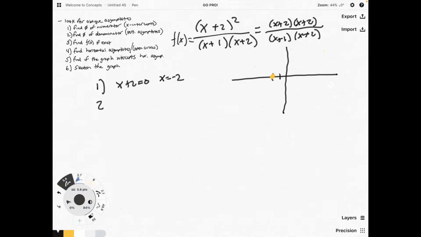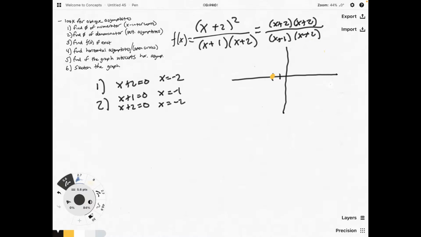For step 2, we're going to find the zeros of the denominator. The zeros of the denominator will tell us what our vertical asymptotes are. If we do x plus 1 equals 0 and we do x plus 2 equals 0, then we get x equals negative 1 and we get x equals negative 2.